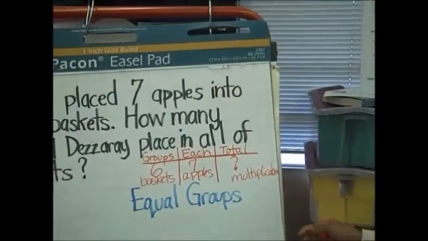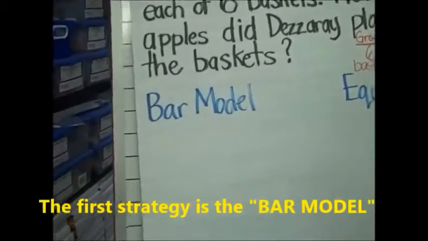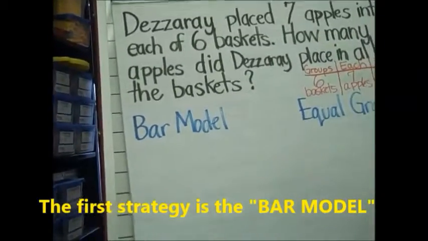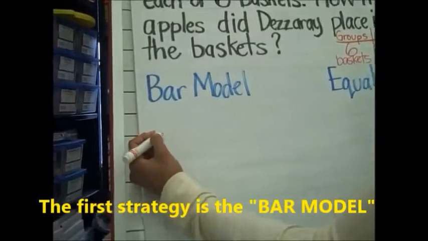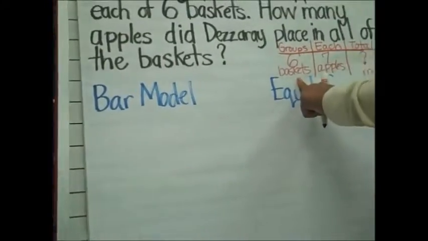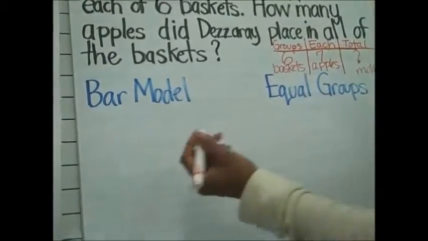Okay, first I would like to use a bar model, which is also called a strip diagram, to model what's going on with the problem. Sometimes I may need a visual. My get chart helps me to know that my bar model will have 6 groups.